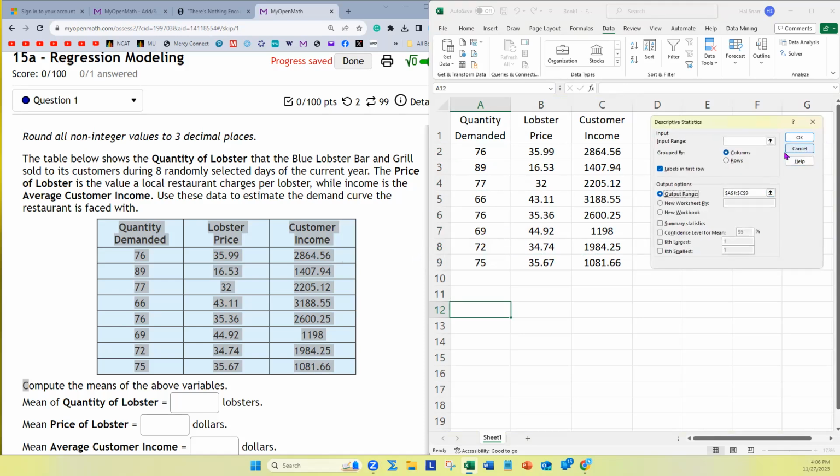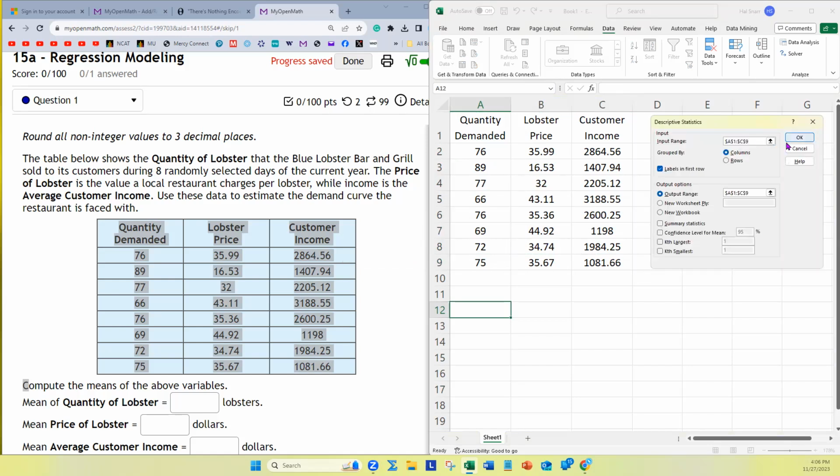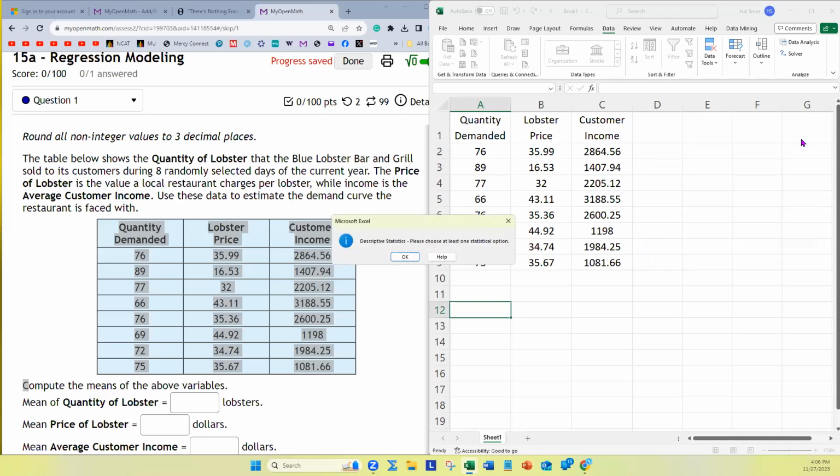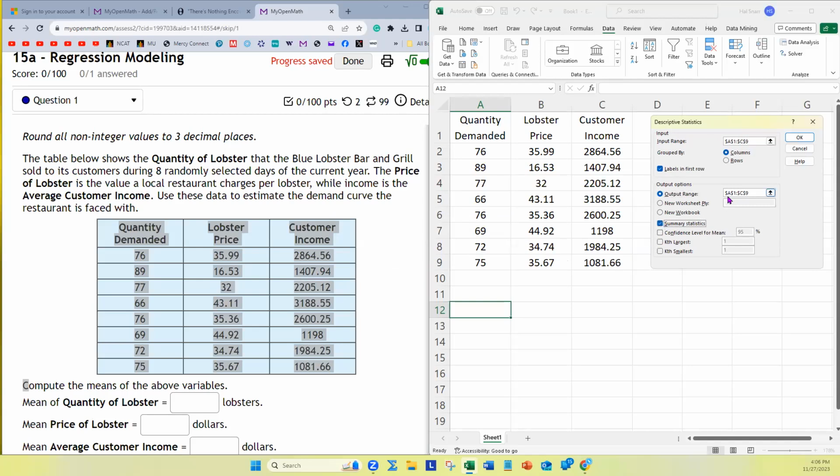Input range. Okay, so we got the input range. It's grouped by columns. Labels in the first row. Output range. Specify that. All right. Oh, summary statistics. There we go.